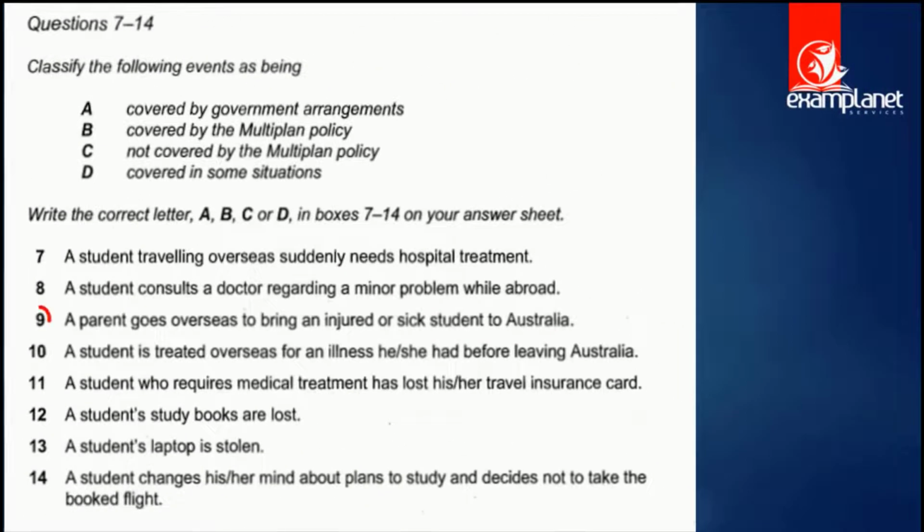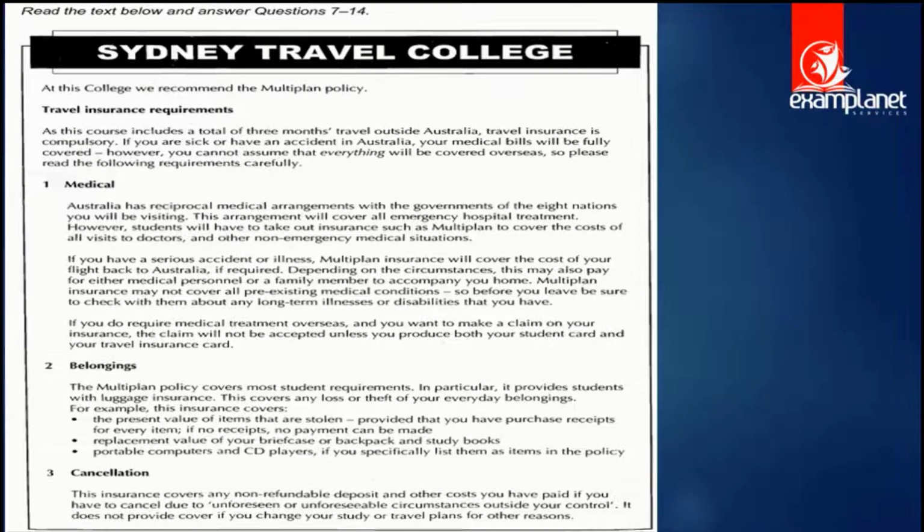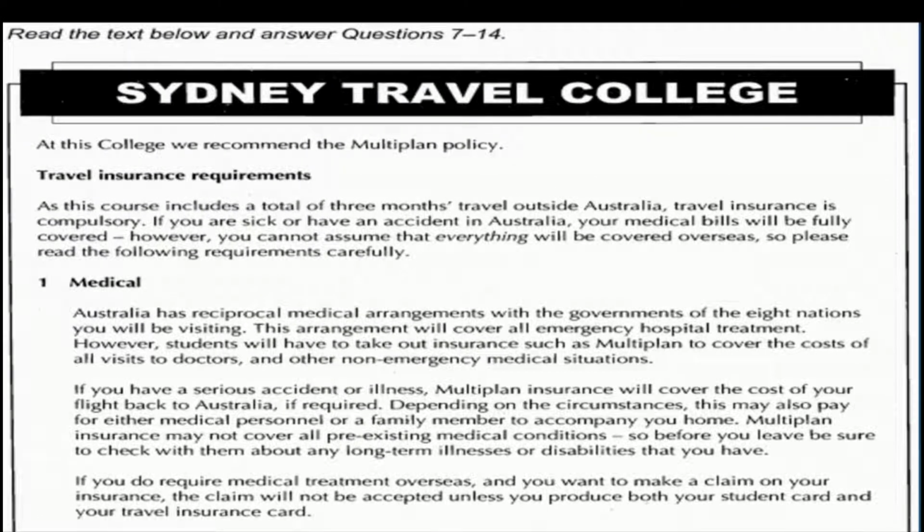For question 9, a parent goes overseas to bring an injured or sick student to Australia. We can actually see the clue to that on the second paragraph under medical.